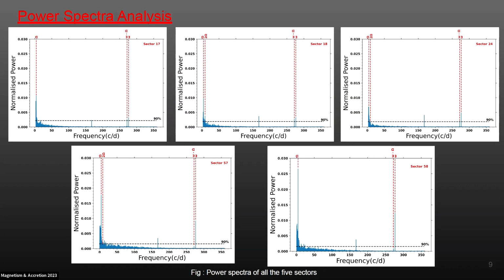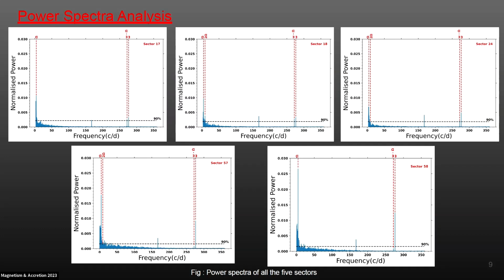And when we analyzed the data of sector 57 and sector 58, we also got orbital, spin, and beat frequencies. But there is a slight difference between these 2 new data sets and the previously obtained data. The difference lies in the power of the spin and the beat frequency.